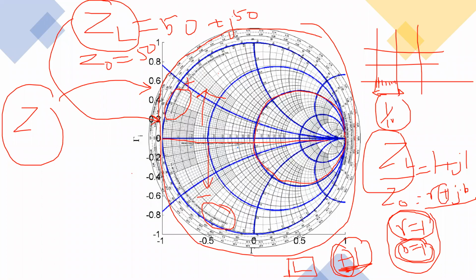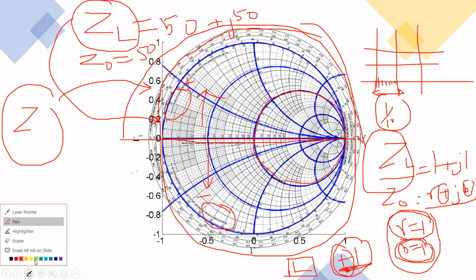Now it is plus B, which is equal to plus 1. Since it is an inductive component, I need to consider the reactances in this upper half part of the Smith chart.